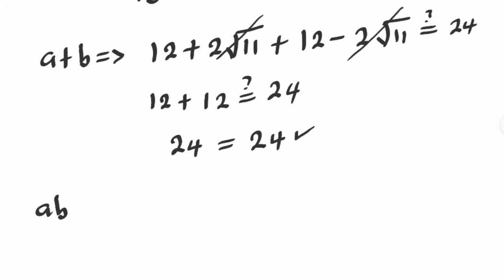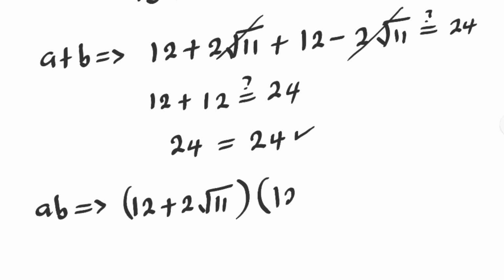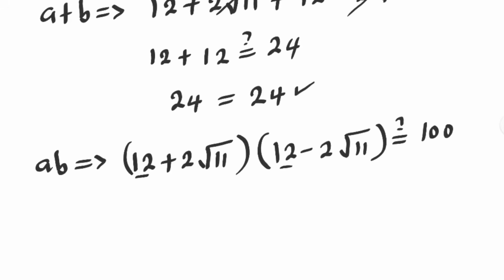Then AB, this is 12 plus 2 root 11 multiply by 12 minus 2 root 11 must be equal to 100. 12 times 12, that is 144.